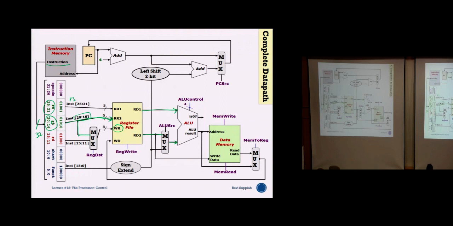At the same time, you are also going to look at bits 15 to 11 as a possible register for your write. So this could be your RD register, or it could also have been part of your 16-bit immediate value. But whatever the case, this will come here, and your register destination will then decide which bits will be sent over here.